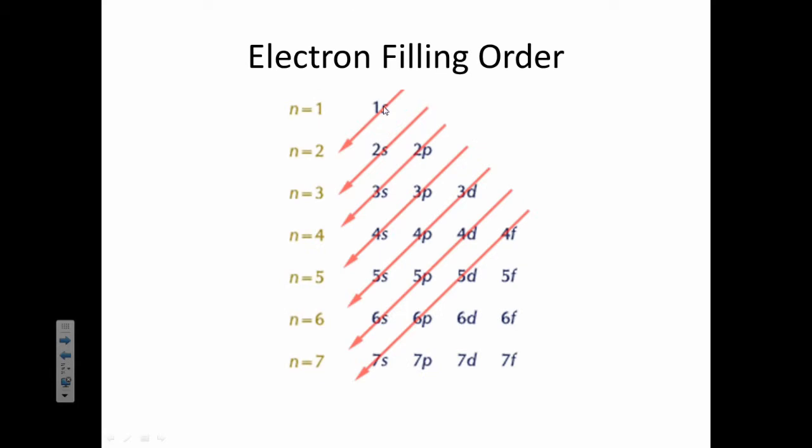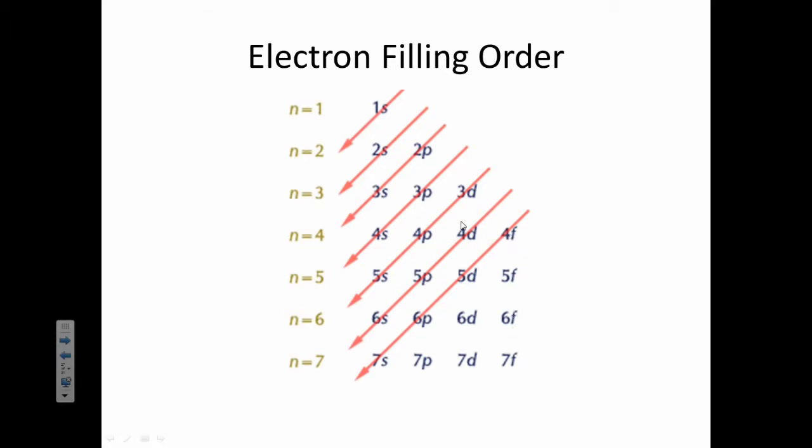This is that Aufbau diagram I was referring to. If you ever forget the order of how it goes, you can draw yourself a little Christmas tree. So 1s, 2s, 3s, 4s, 5s, 6s, 7s, and then go over and skip, because there's no 1p, skip down 1, 2p, 3p, 4p, etc. Then there's no 3p, so skip down 1, 3d, 4d, and there's no 4d, skip down 1, 4f.